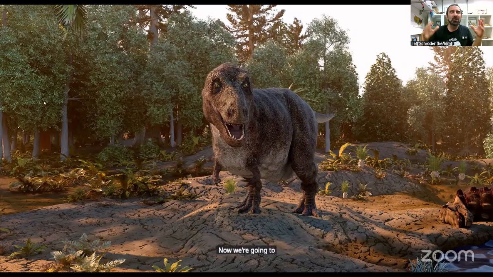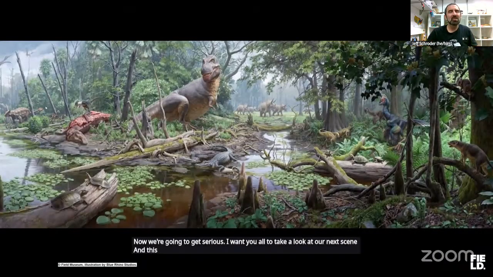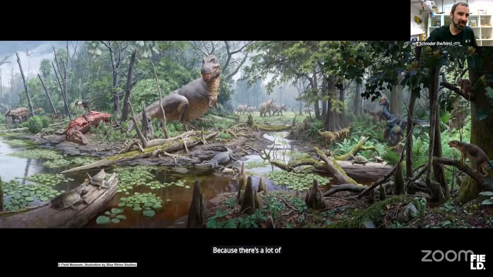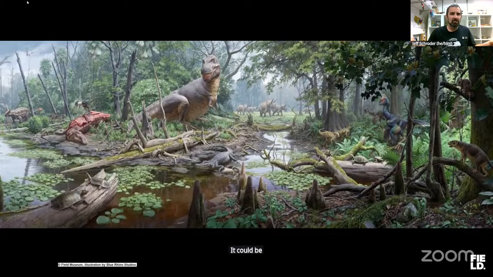I want you all to take a look at our next scene. And this time, your challenge is to put in the chat all the different animals you see other than Sue the T-Rex, because there's a lot of animals hiding in this picture. What are the different animals you see? It could be an animal from today, or it could be something long extinct.